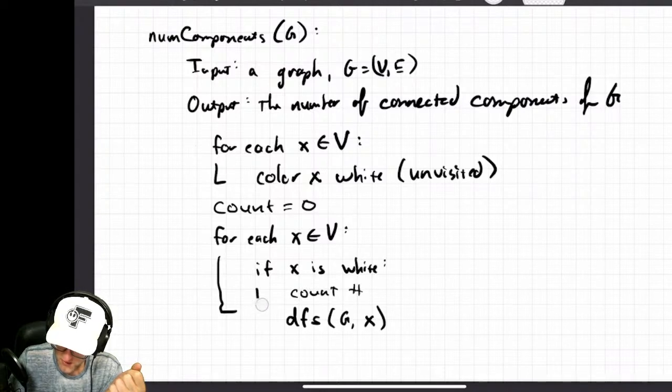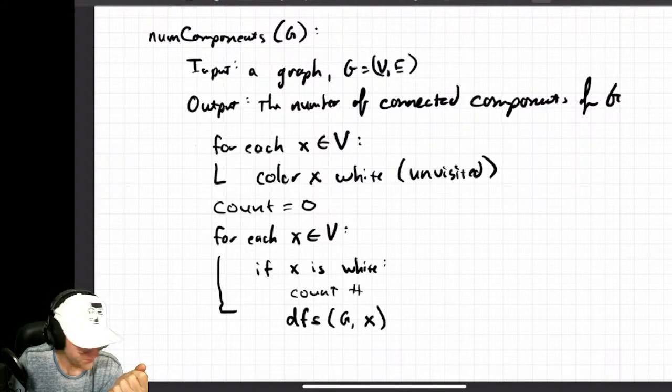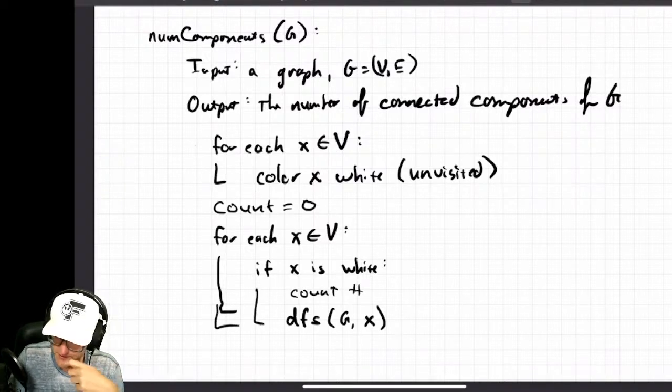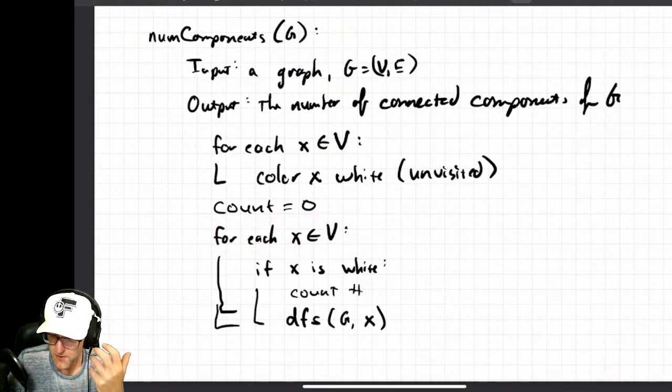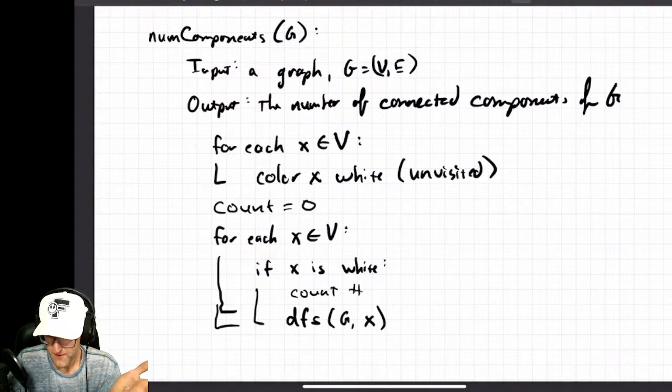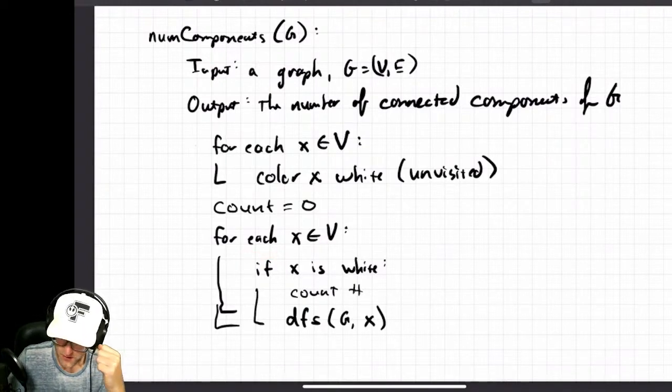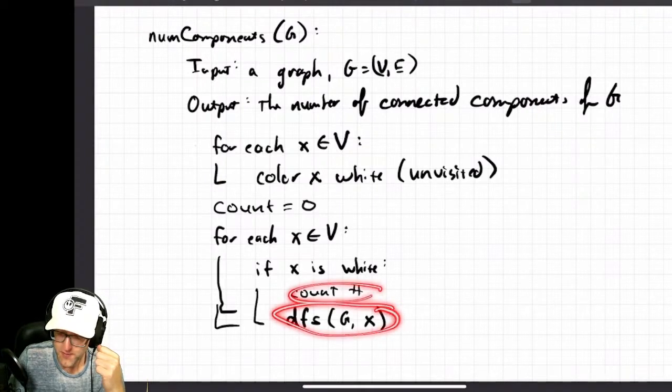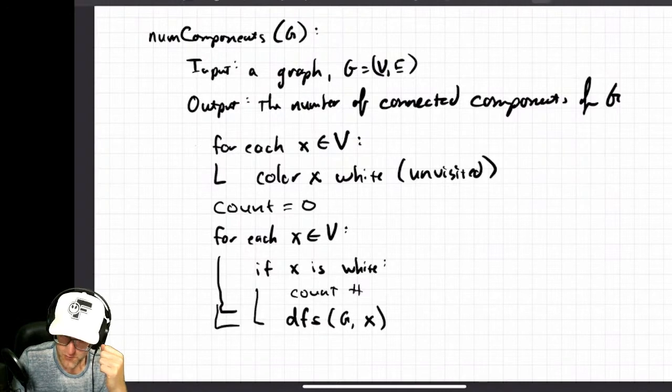Because otherwise I'll go over this loop here and I'll discover, okay, well, there's a black vertex, and so it's already been processed, but if I increment my counter, of course, I'm going to end up with just n, right? A trivial answer there. Only when I need to perform a DFS do I increment my counter. After this for loop here, I'll just output the count.